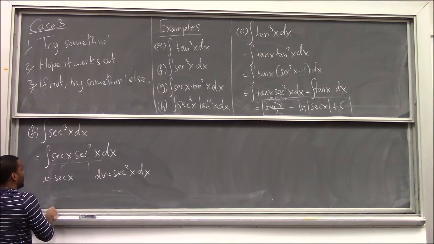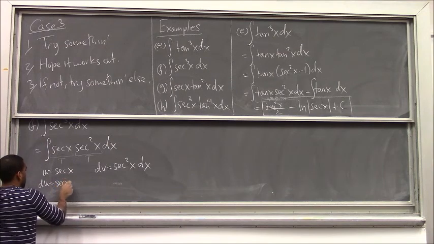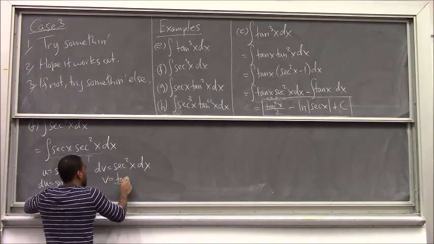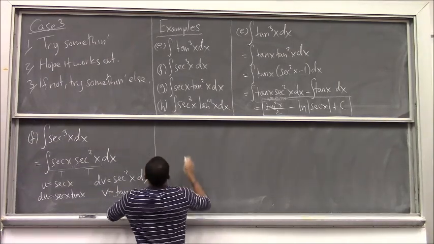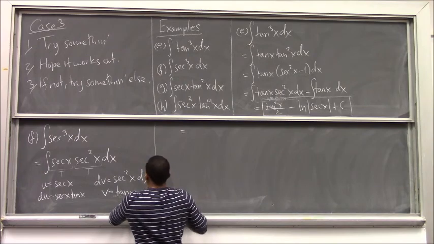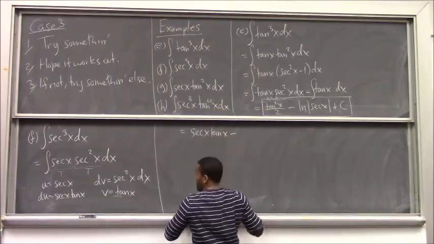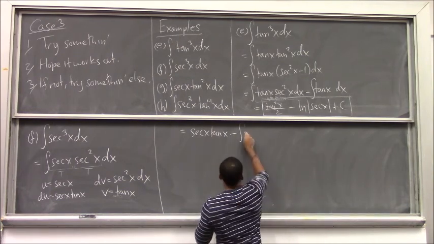Okay. So the du would be secant x, v would be tangent. So this is equal to u times v minus the integral of v du.